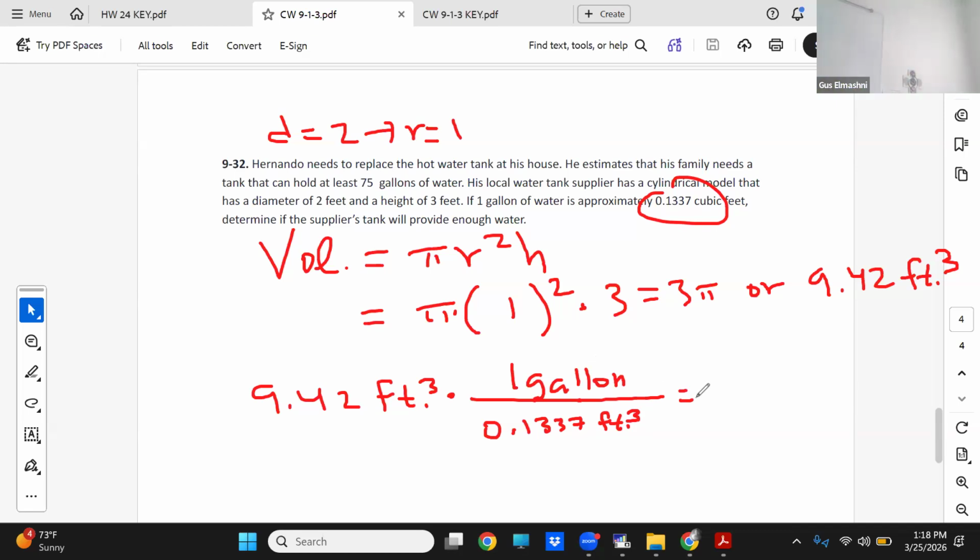It allows me, when I multiply by this fraction, to convert to gallons.